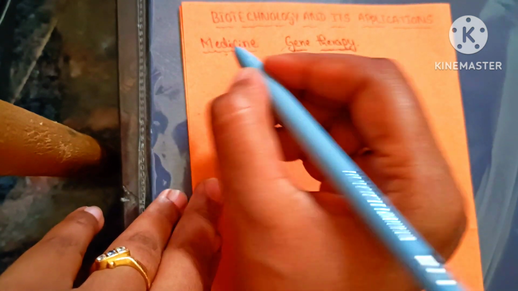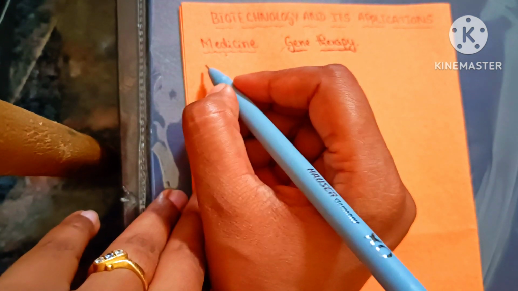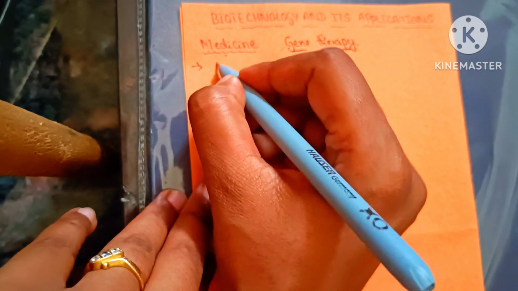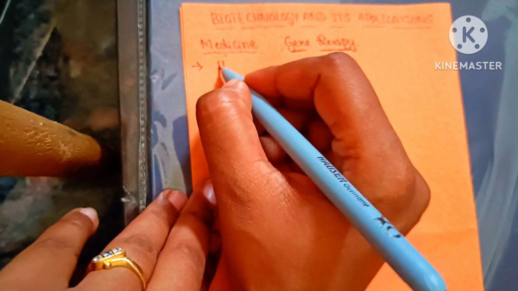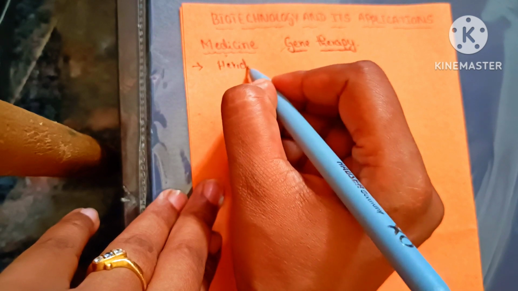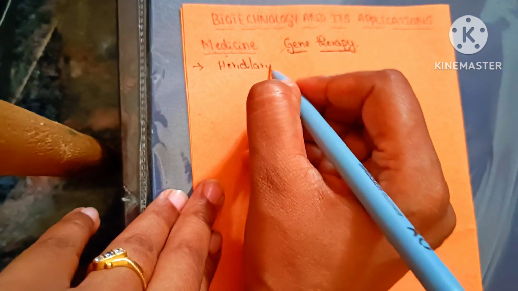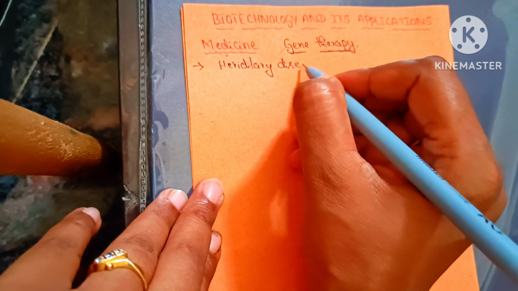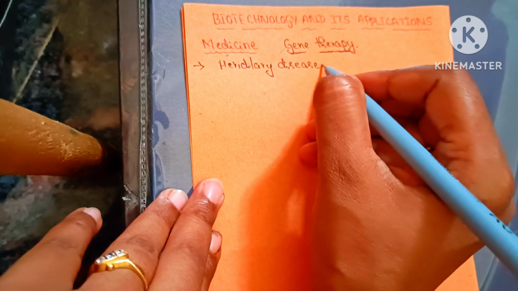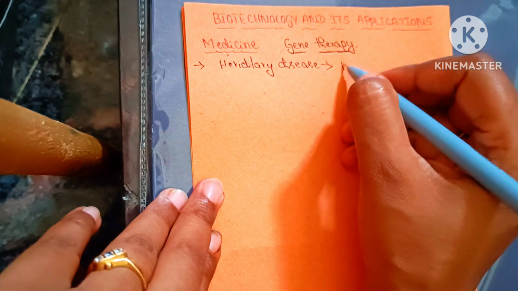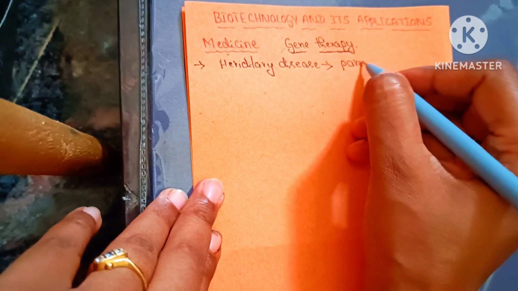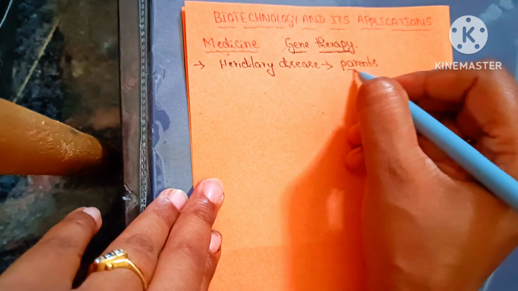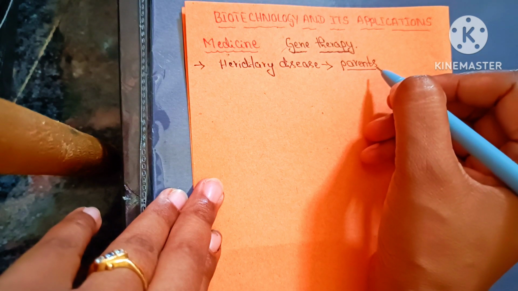To define it, we need to understand first if a person is born with a hereditary disease. As the name suggests, hereditary diseases are those which are transferred from parents to the offsprings.